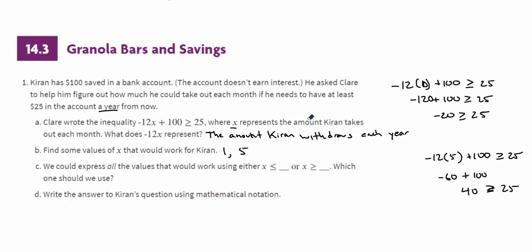We don't even know what it is, but the amount of money he takes out a month has to be greater than or equal to some amount, or less than or equal to some amount. Which one should we use?